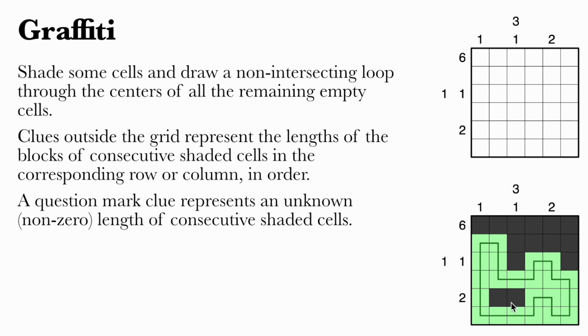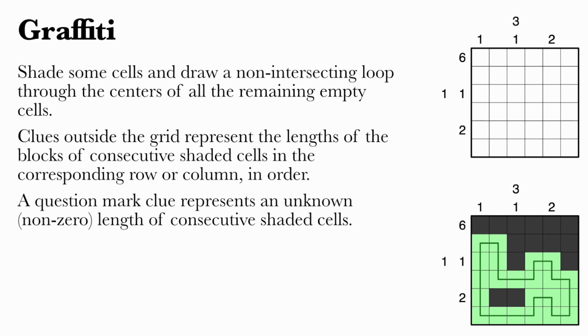We have some rows and columns I see that don't have any numbers in them at all, and that is not the same as a 0. That is just saying that we don't know anything about the shadedness of that row or column. A question mark clue represents an unknown, non-zero length of consecutive shaded cells.